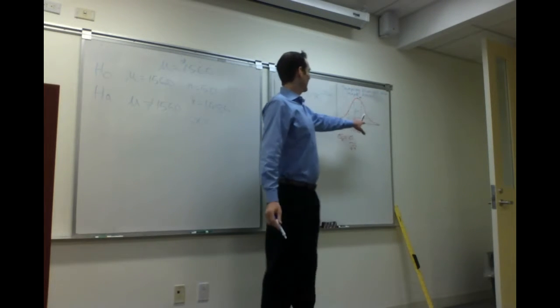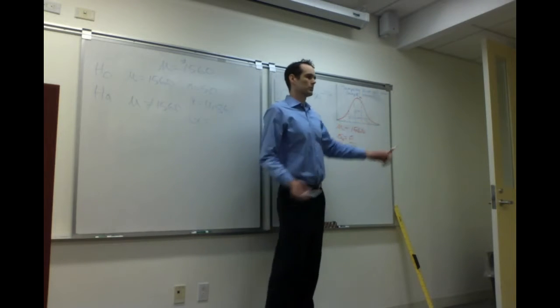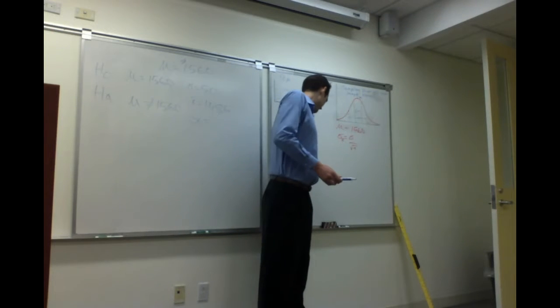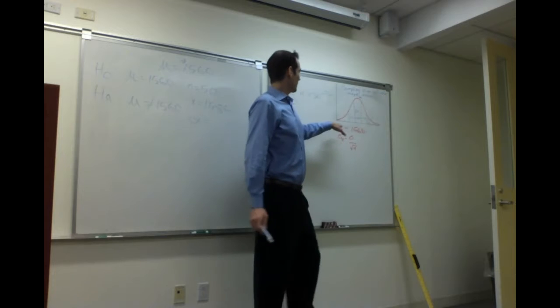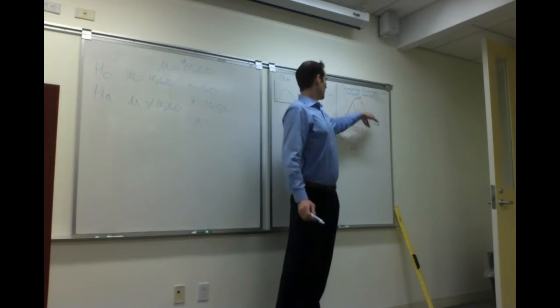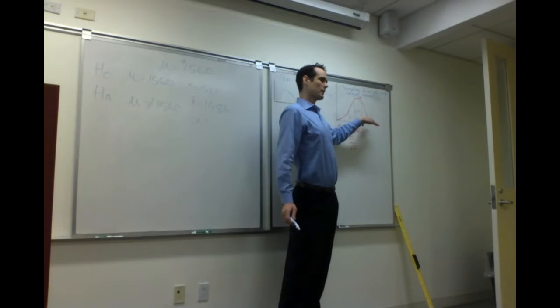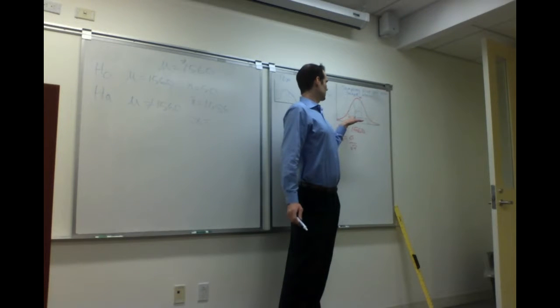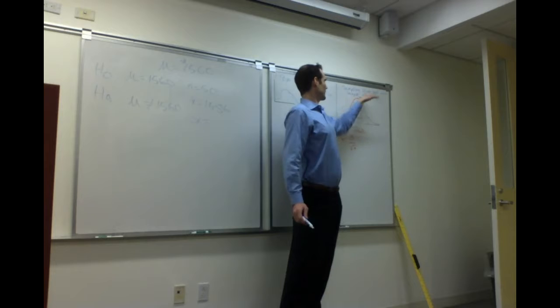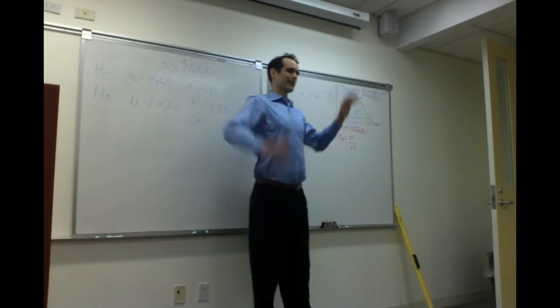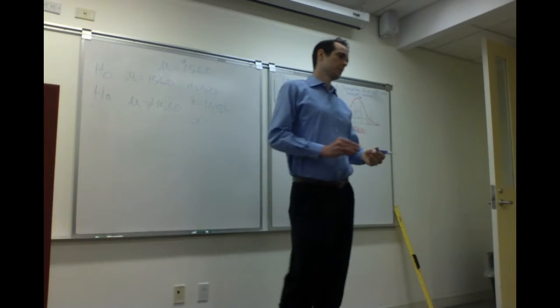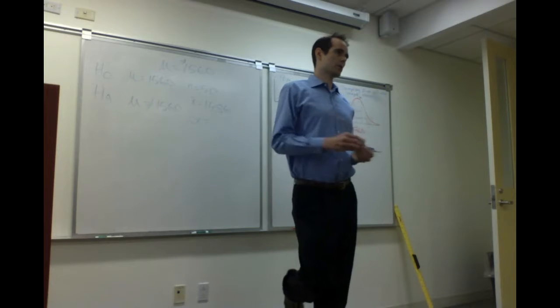So, I used the example a minute ago where we said if this sample mean falls outside of 2 standard deviations above or below the mean of the sampling distribution of the sample means, then that's fairly unlikely. 5% chance.